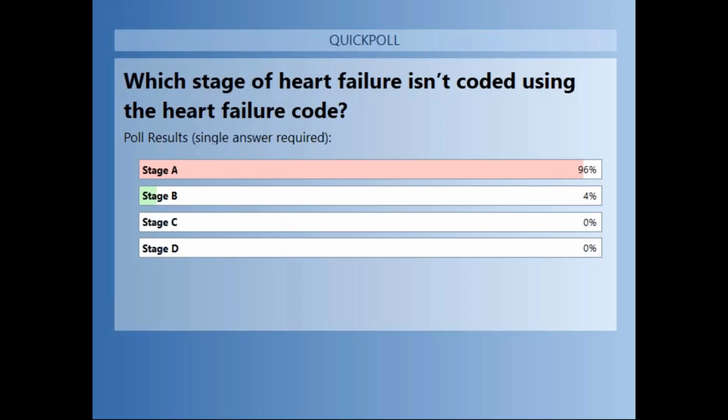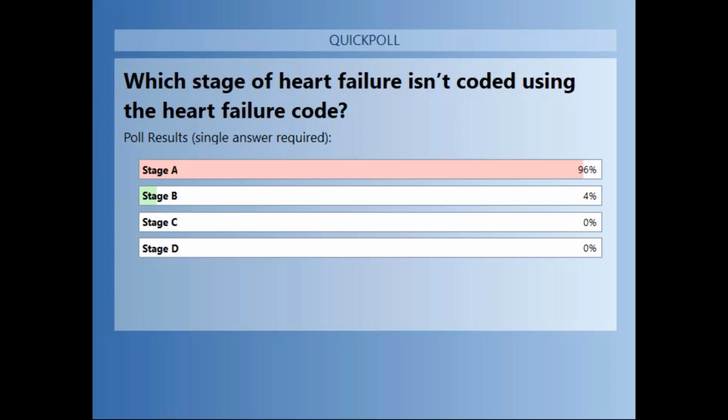Christy, we've got, again, an overwhelming majority at 96% saying the answer is stage A, and we do have a couple people who are saying it is stage B. I was watching the answers come in, and I had like 100% at stage A for a little bit, and I was going to say, nailed it, you know, like a whole Pinterest thing, only really nailed it, not like the Pinterest fails that we see.